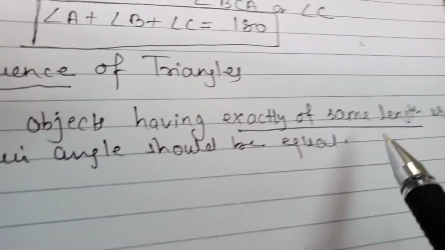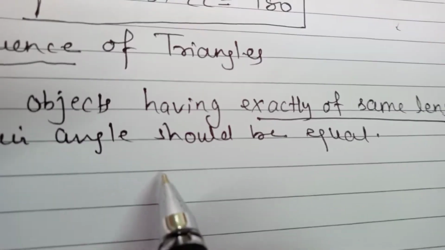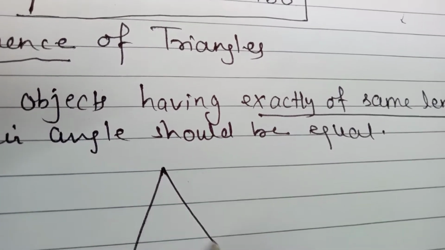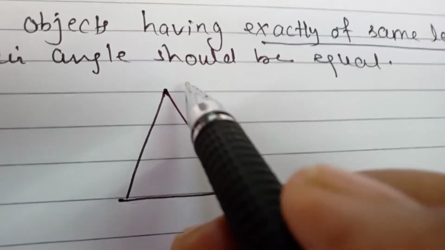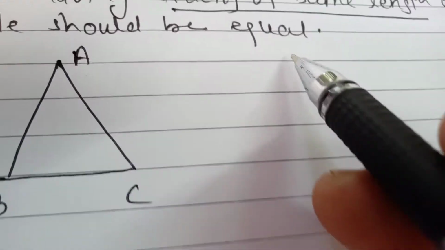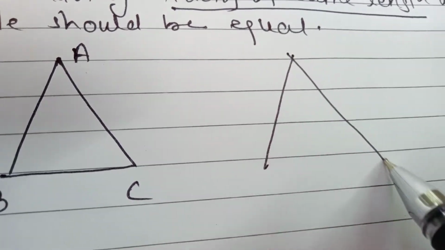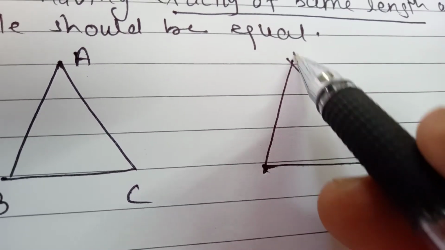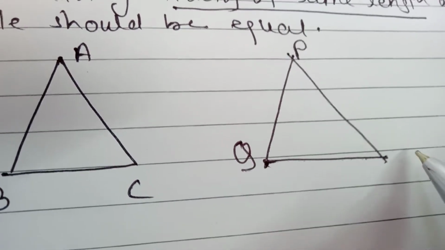One term I have written here: exactly of the same length. What does that mean? Suppose I have drawn a triangle ABC, and another, PQR.